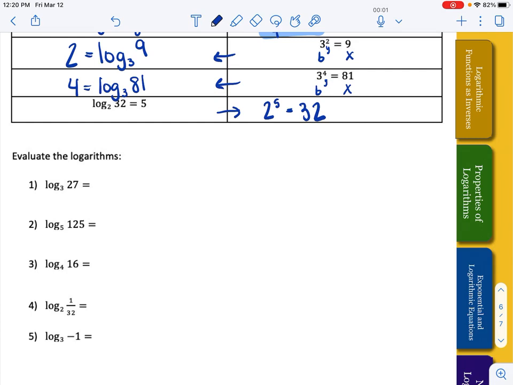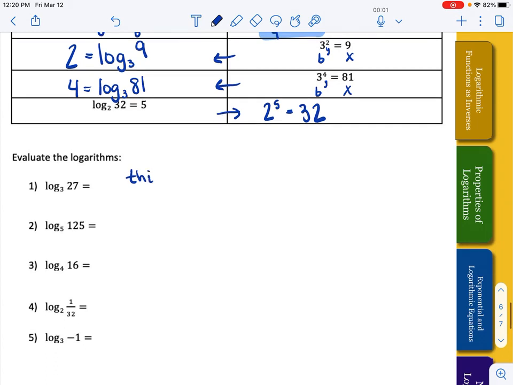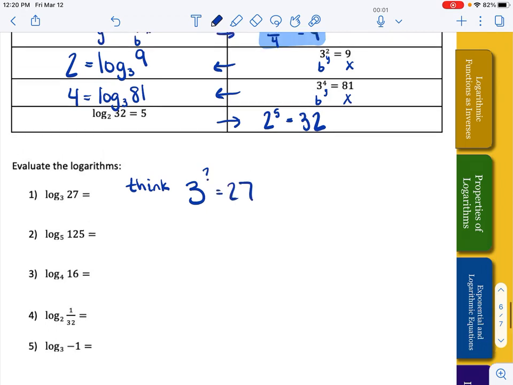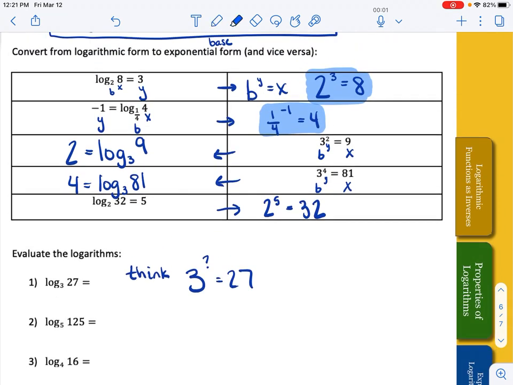Now, that doesn't really help us so much because we don't exactly know what we're doing yet. You want to think, when given a logarithm like this, 3 to the what power is equal to 27. That's like this switching over here. We have 3 to the question mark power is equal to 27.